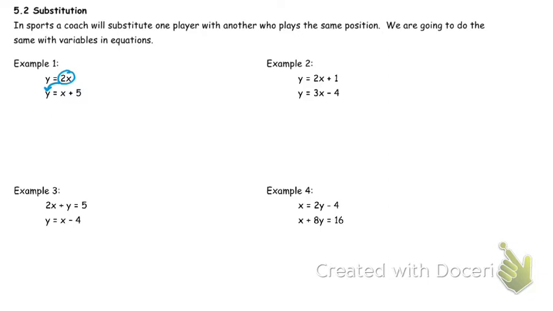So we're going to rewrite the bottom equation, and instead of y, we're going to put 2x equals x plus 5. We're taking that second equation and substituting this y for 2x because we're told in the first equation they're the same exact thing.